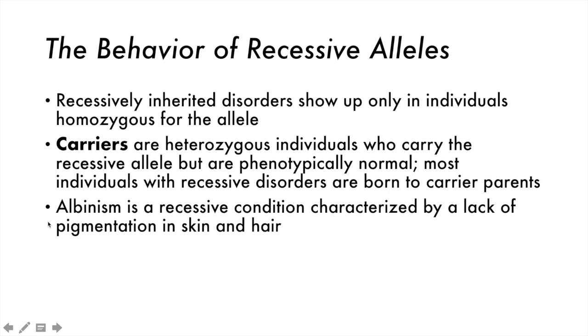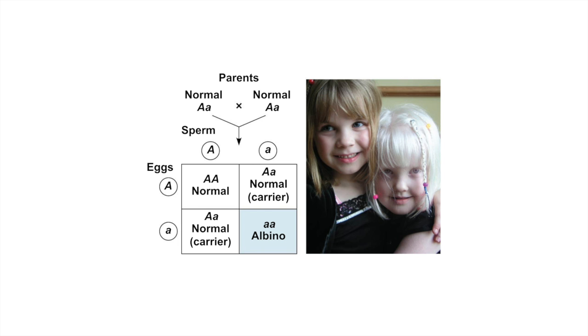One such condition is albinism. Being an albino is the result of having 2 copies of that recessive allele, and it means that you don't produce melanin, a pigment, the same way that most folks do, and you don't have any pigment in your skin or hair, and you look very pale, and you have to be very careful about being out in the sun.